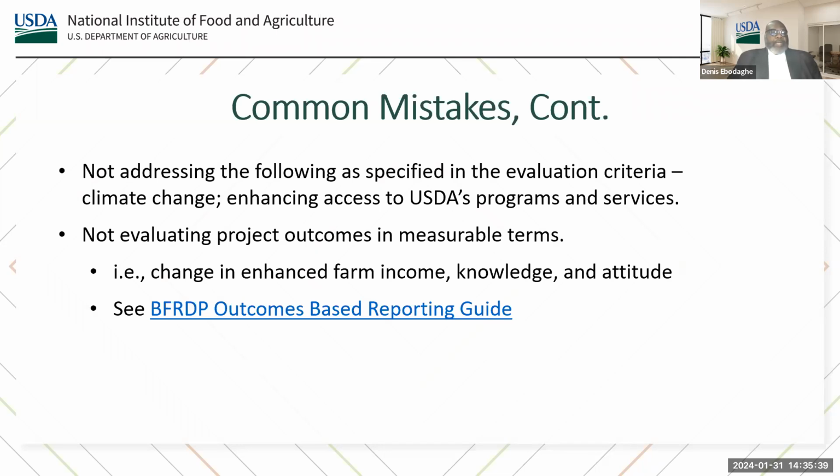And when you don't address all the questions, that is not good because it doesn't help you get funded. Then a common mistake we see with returning applicants who have vast experience is that when they report income, they don't report them in measurable outcomes.